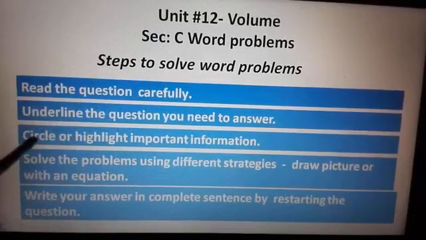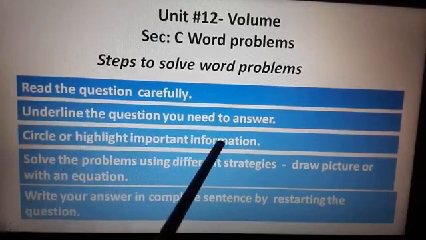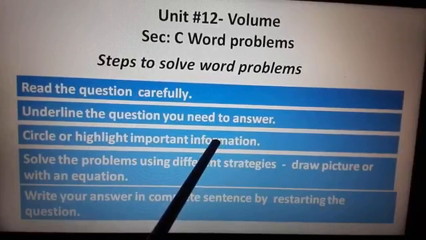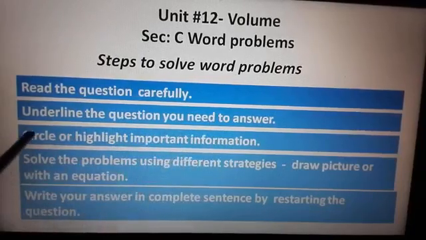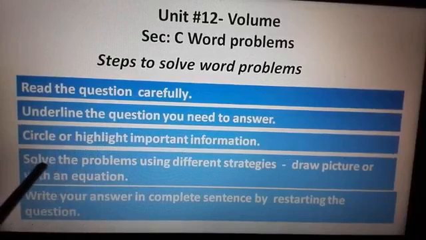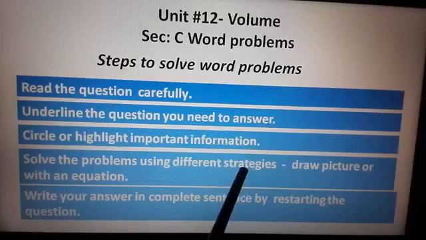In the third point, you have to circle or highlight the important information. In each question, some clues or information are given to solve the problem. You have to find those and circle or highlight them. The fourth step, you have to solve the problem using different strategies.